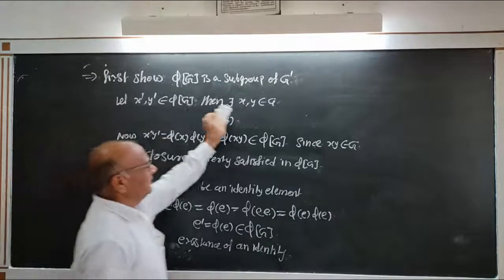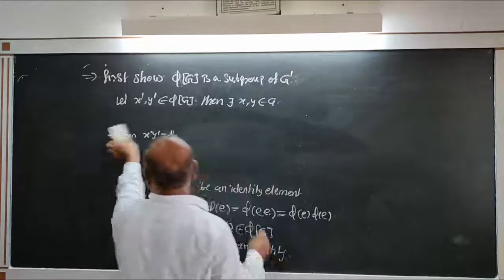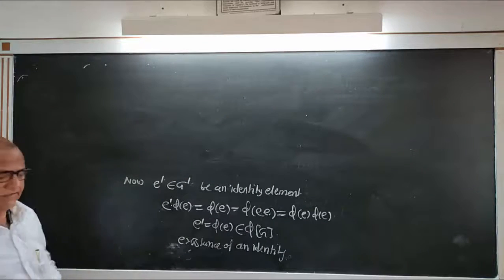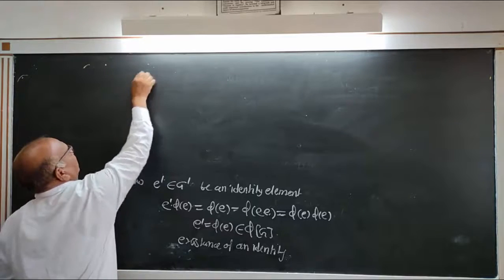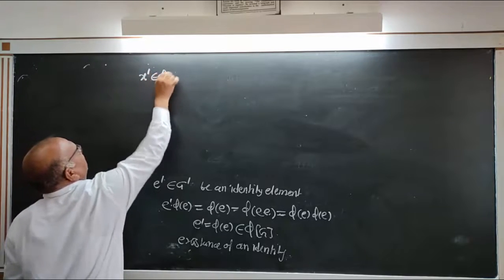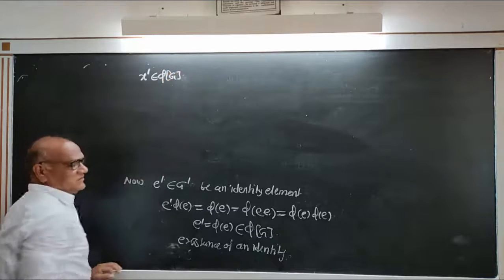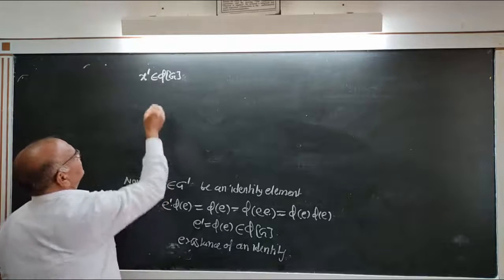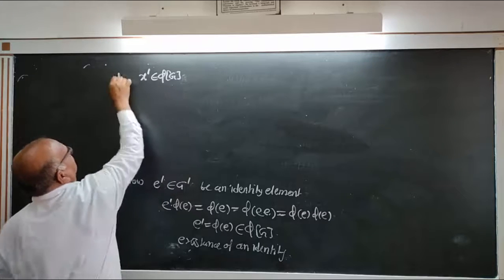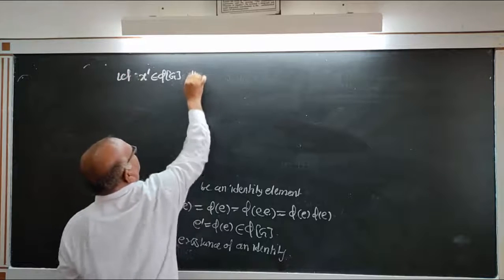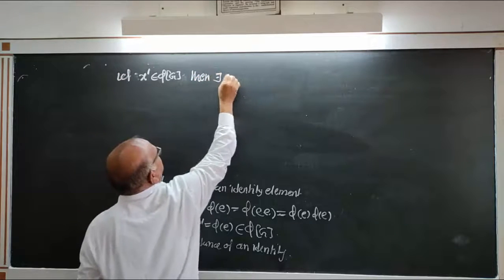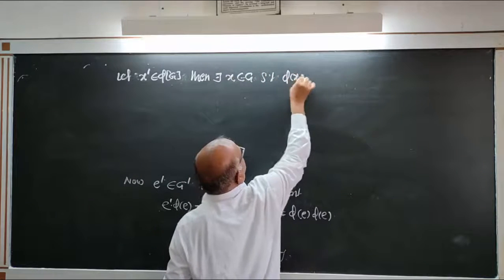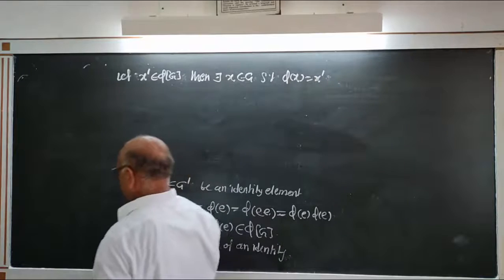Now the existence of an inverse in phi of G. Let x dash belong to phi of G. Then there exists x belonging to G such that phi of x is equal to x dash.